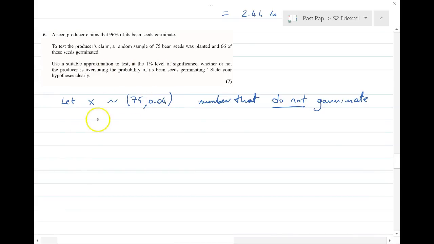Now, Poisson. This approximates to Poisson because p is small and n is large. So a Poisson with 75 times 0.04, so Poisson 3.